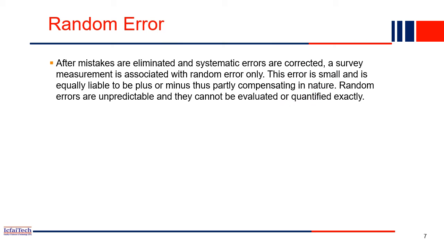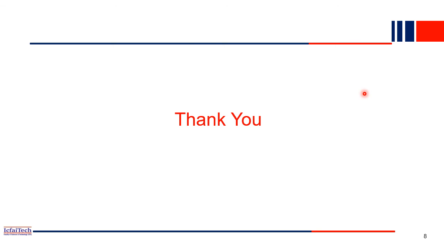So in this lecture we have seen the different types of errors, and how errors are introduced into our readings. We have seen the sources of error. The first was the natural source, meaning errors introduced into the measurement because of environmental conditions. Second, the instrumental error: sometimes our instrument will be faulty, and in that case error will be introduced.